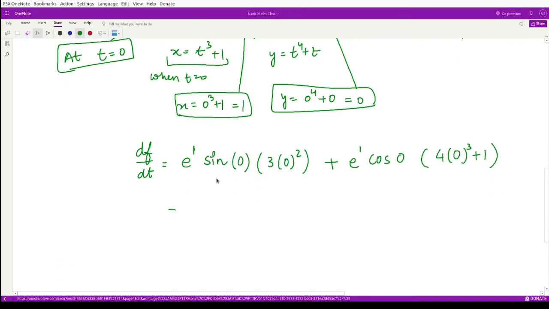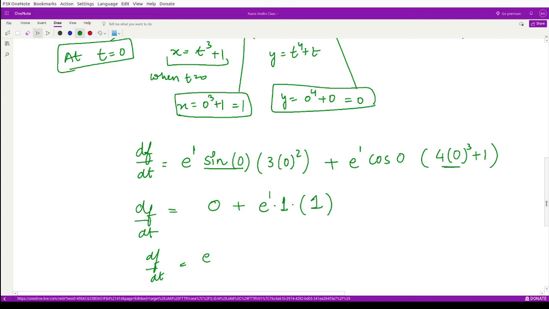So this thing is equal to sine 0. Sine 0 is 0. So this first term is 0 and this term is e to the power 1 as such. And cos of 0 is 1. You already know that. And in the brackets you have 0 plus 1. So that is equal to 1.